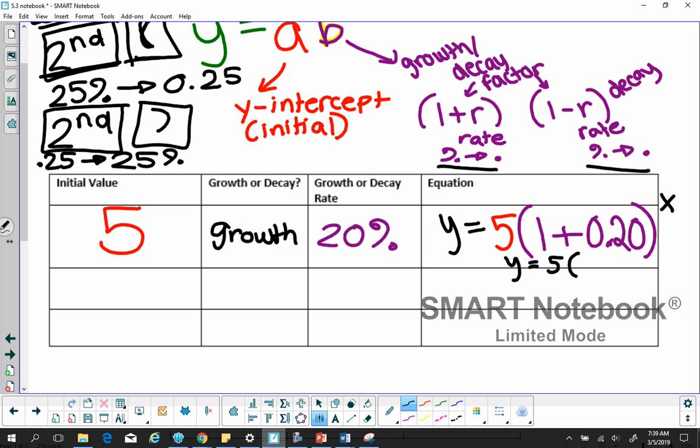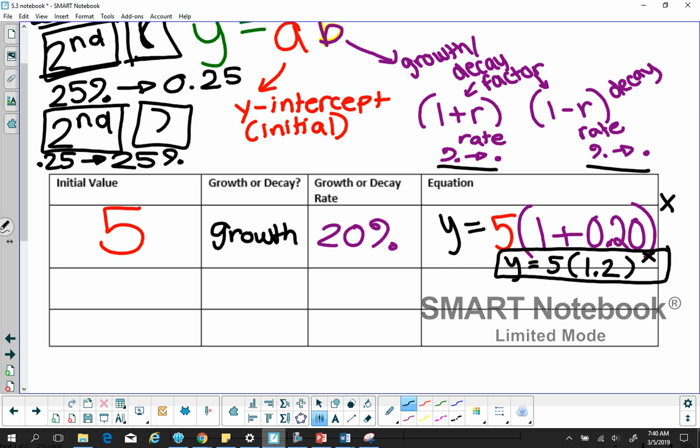What is 1 plus 0.20? What's $1 plus 20 cents? $1.20, right? So like 1.2 or 1.20. It could look either way, but you want to make sure you understand, hey, it's bigger than 1, so I know it's growing. And I'm adding 20% to it, it's growing by 20%. So that's all we're doing for this first part, the equation. Does that make sense?